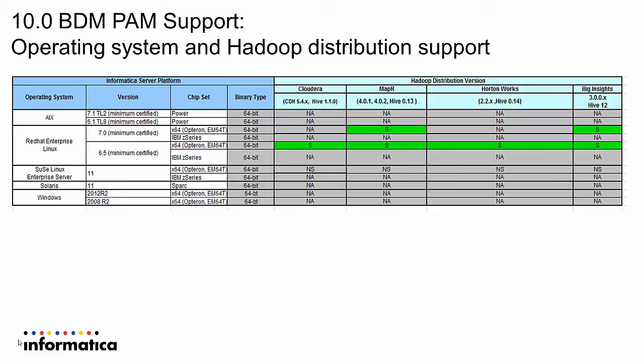Look for the 10.0 or the 10.1 PAM, and this is what you'll see under the tab for Big Data Management. For big data, you can see what the OS is. Red Hat is what is primarily supported. We will look at the version of Red Hat, and then look at the distribution. On the right-hand side you see Cloudera, MapR, Hortonworks, and BigInsights. So these are the distributions that we support.